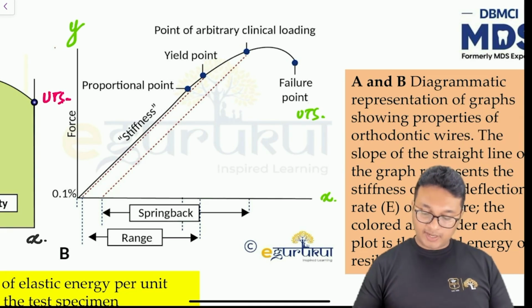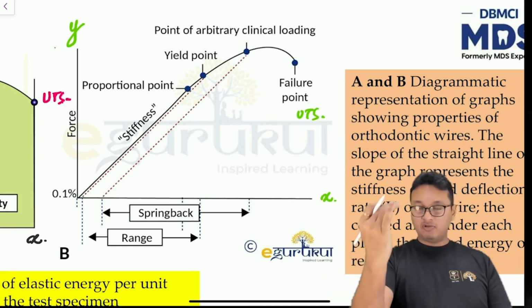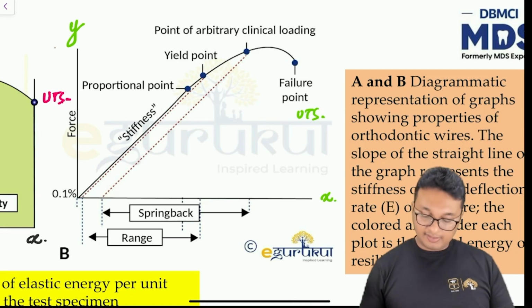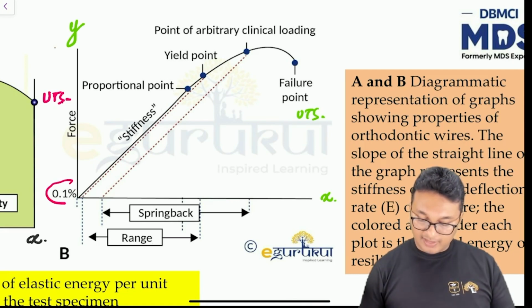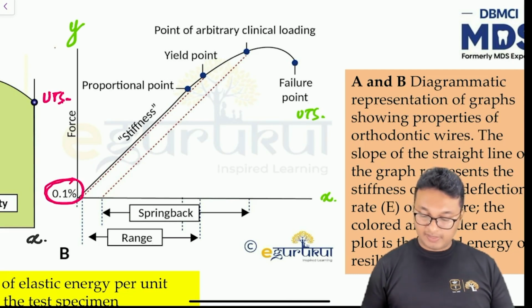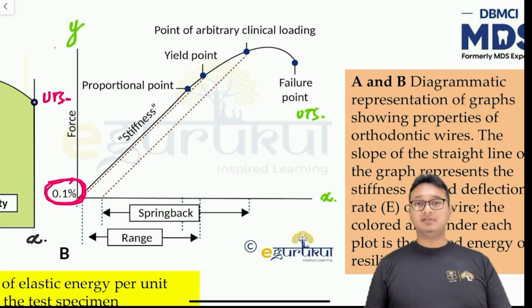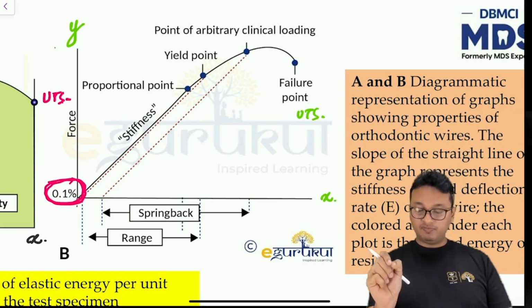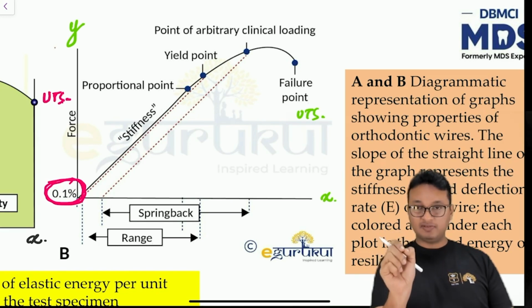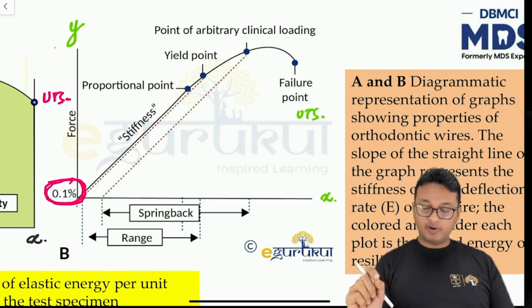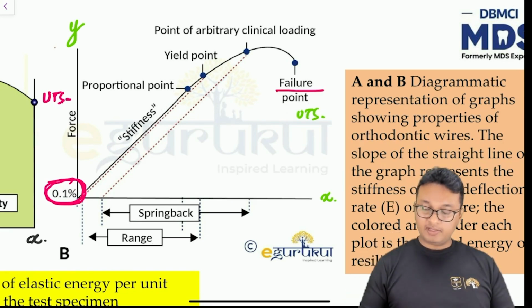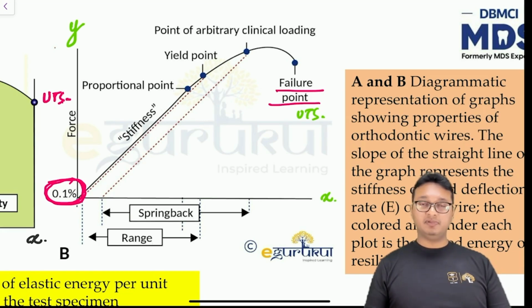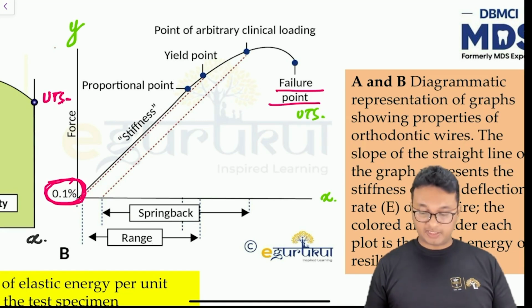Now, at yield point, if you release the stresses, you allow the wire to come back, there is 0.1% deformation which is permanently present in the wire now. Now, beyond that, even if you extend the wire even further, at the failure point, the wire is going to fracture.